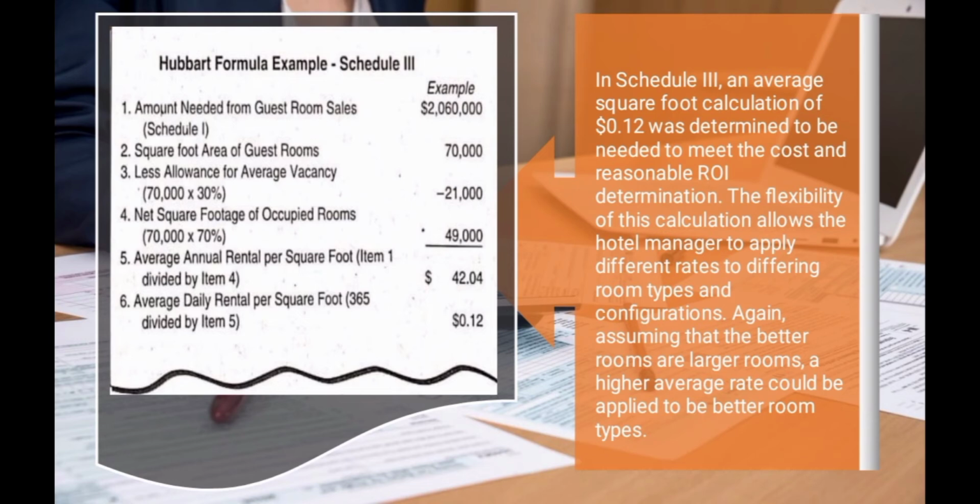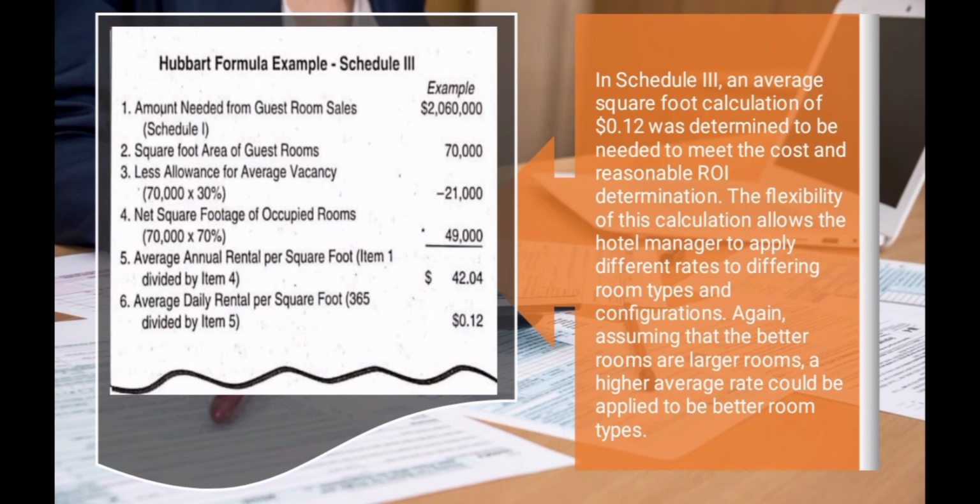And lastly, to get item number 6, which is the average daily rental per square foot, we have to divide 42.4 by 365, and we arrive at $0.12.